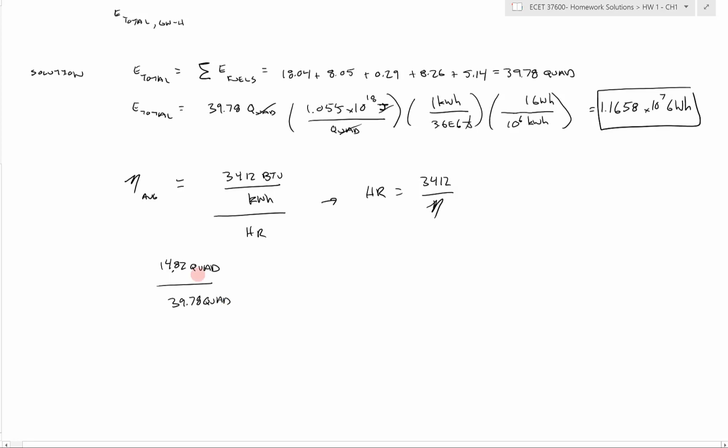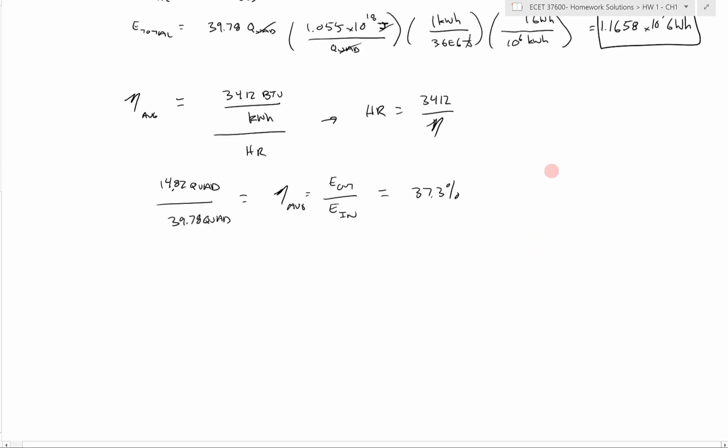So we can take the output divided by the input, that's equal to the efficiency of the system. Right? And so if you do that math, you're going to get 37.3%. Clearly I already multiplied by 100, but you know that because you've done some earlier problems, right? So we're at 37.3% efficiency.